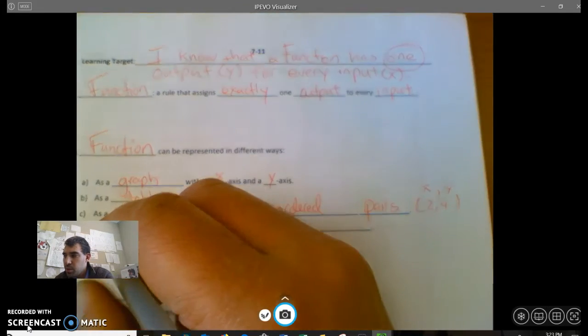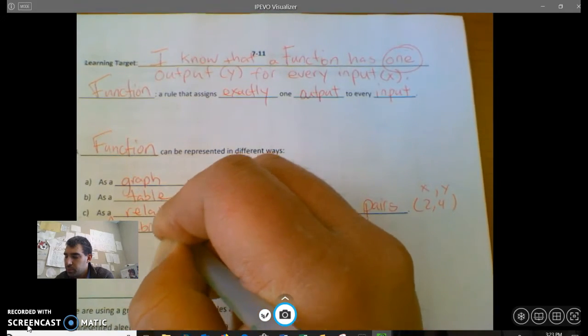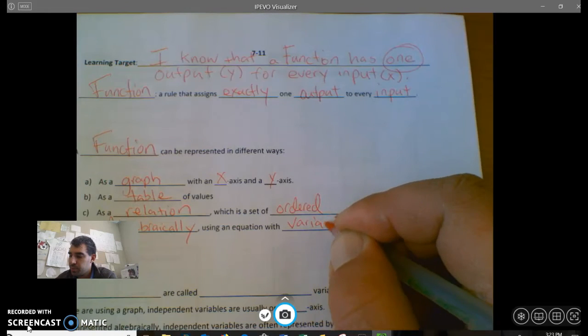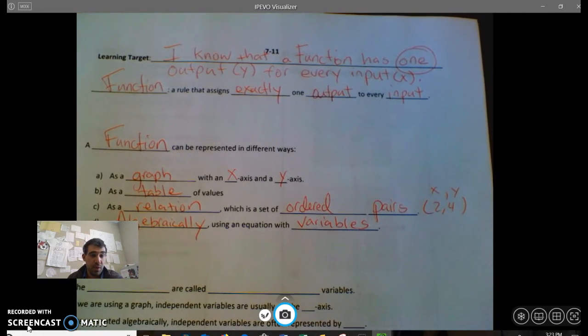And then we can also do it algebraically, using the equation with variables. So there's several ways we can represent functions, and we've done all these. We've done graphs, tables, relations, and lots of equations.